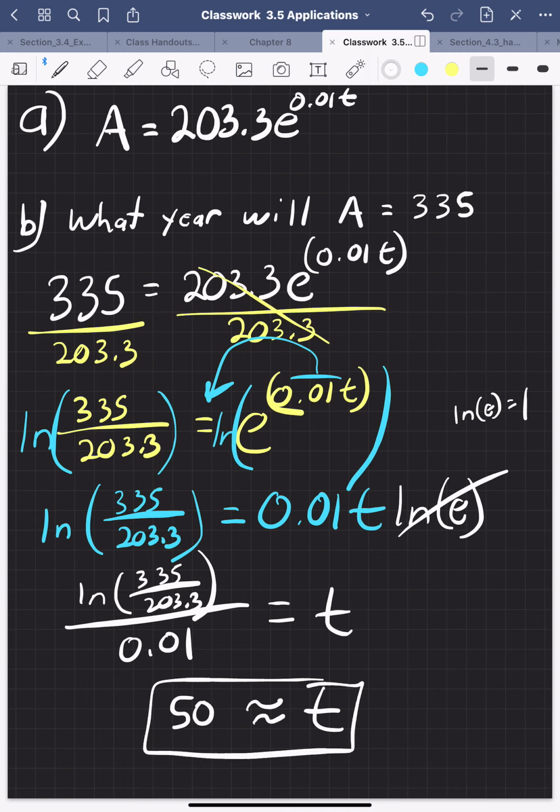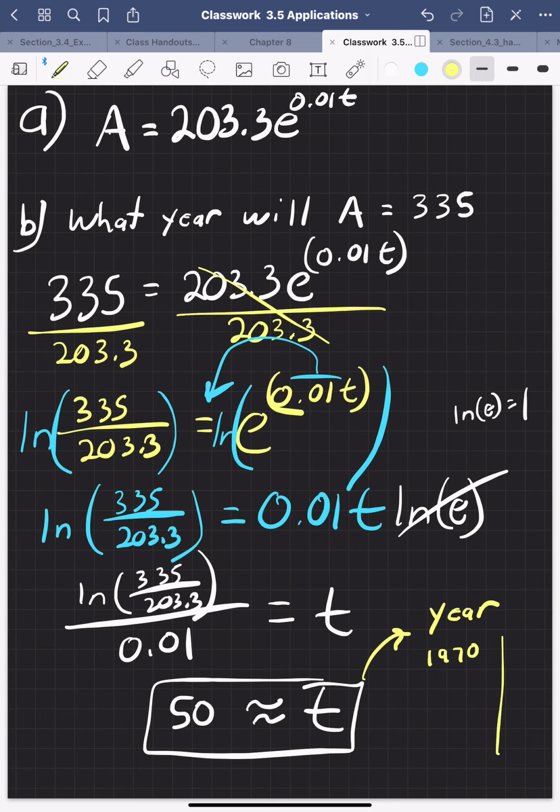But they didn't ask you what is t. They asked what year. So this is important. What year? So we have the right answer. But wait a minute. What we want to go from 1970, right?